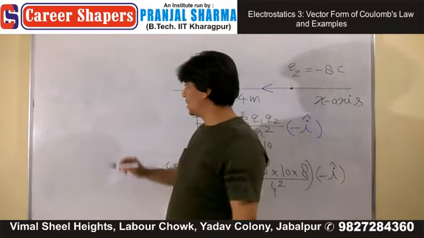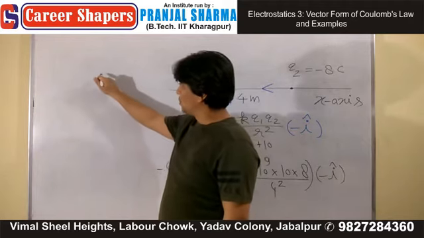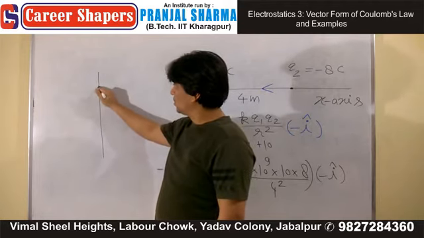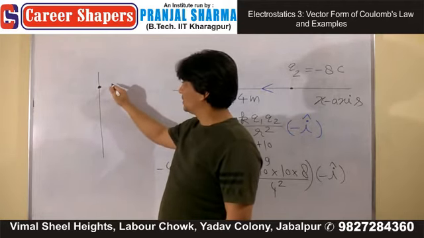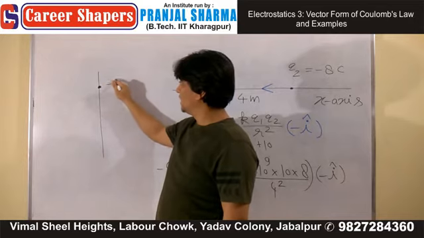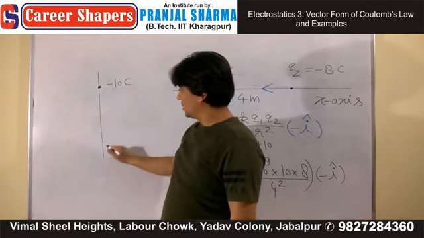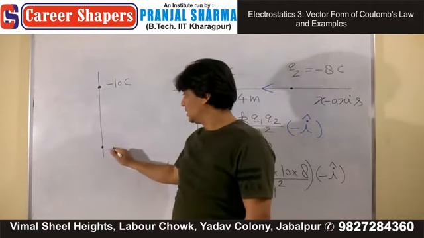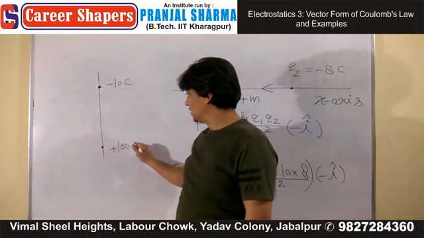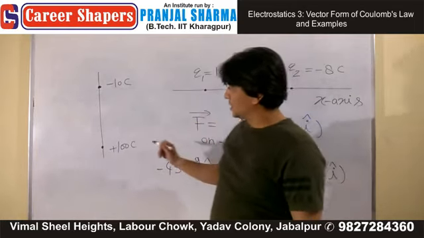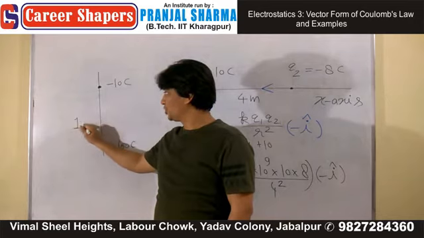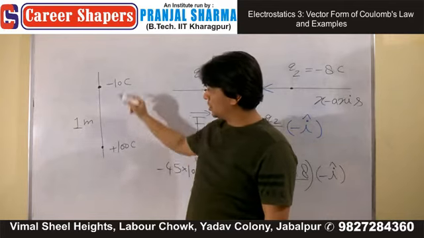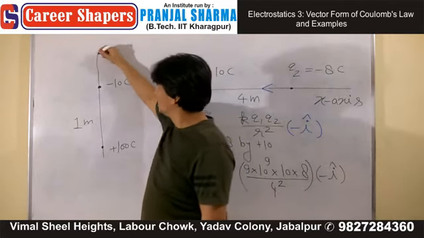Since only one could answer correctly, put down this. We have a charge of minus 10 coulomb. We have a charge of plus 100 coulombs. Separation between the charges is 1 meter, and this is present on the y-axis.